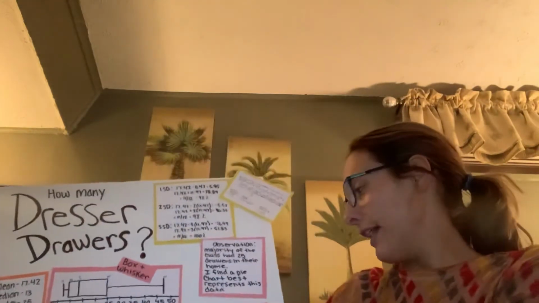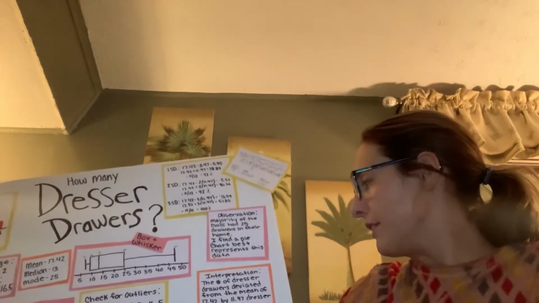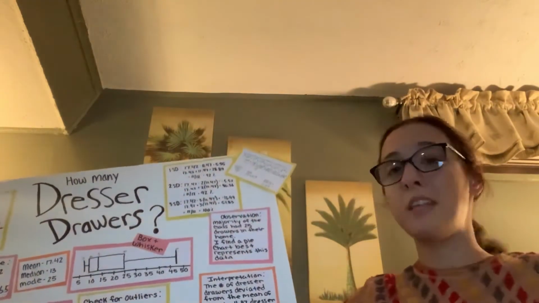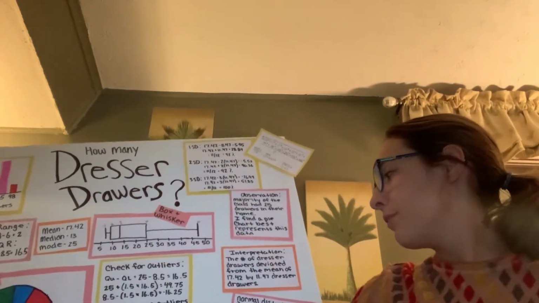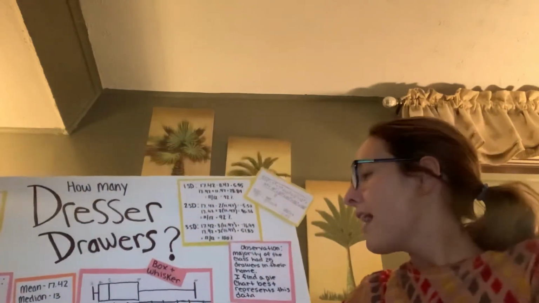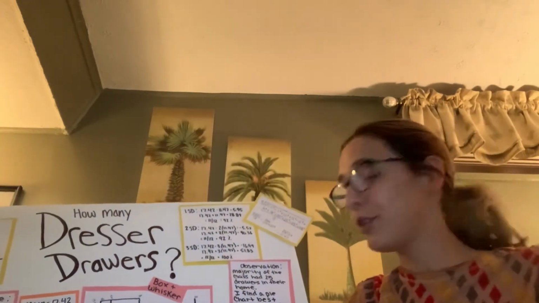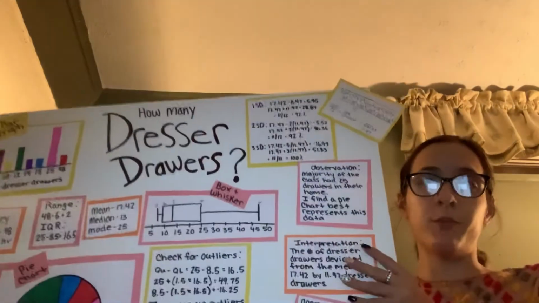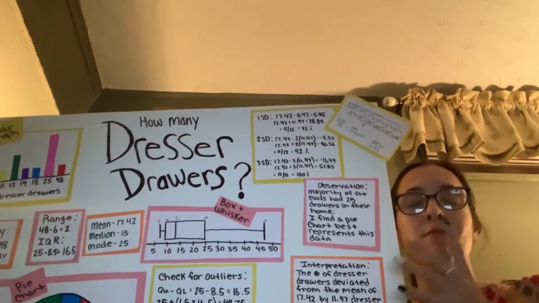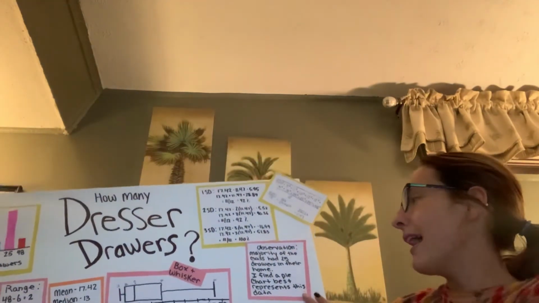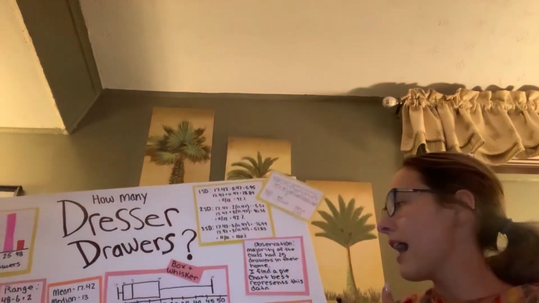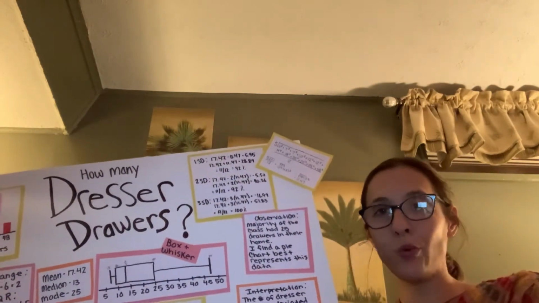My interpretation of my data was the number of dresser drawers deviated from the mean of 17.42 by 11.47 dresser drawers. And then throughout this all, I made two main observations among many others, but it was the obvious one that the majority of the class had 25 dresser drawers in their home.